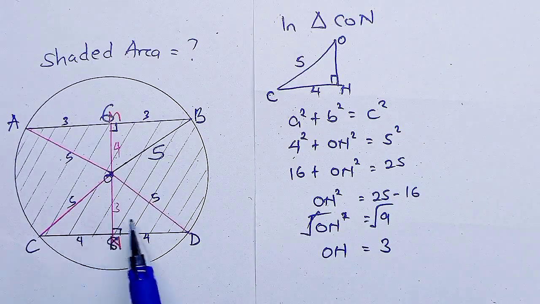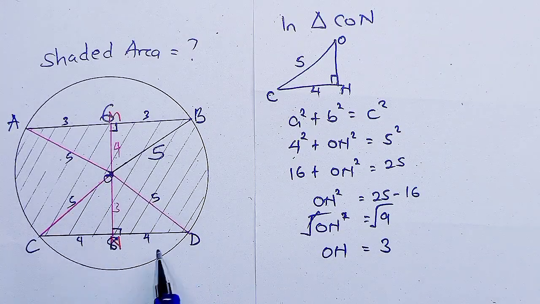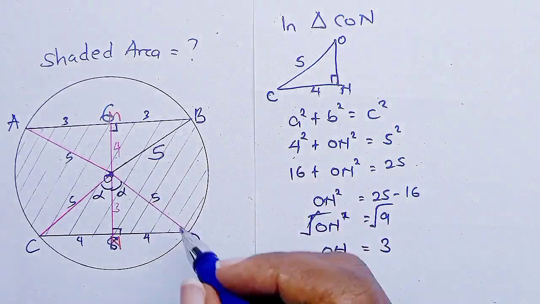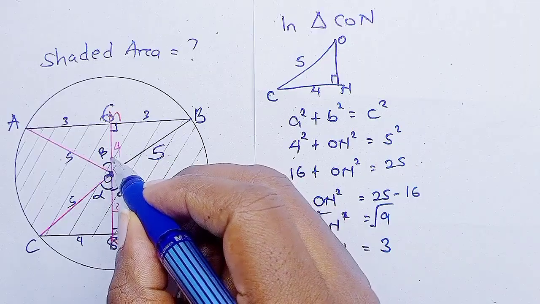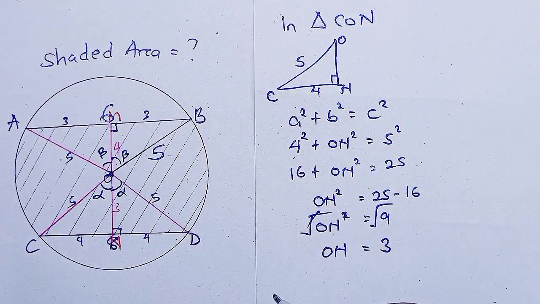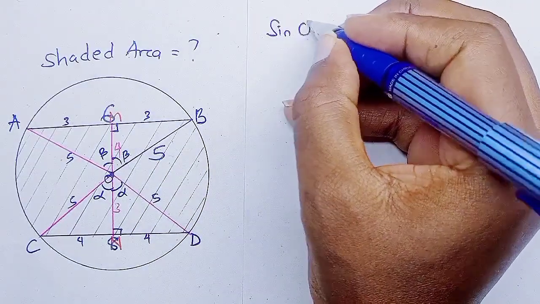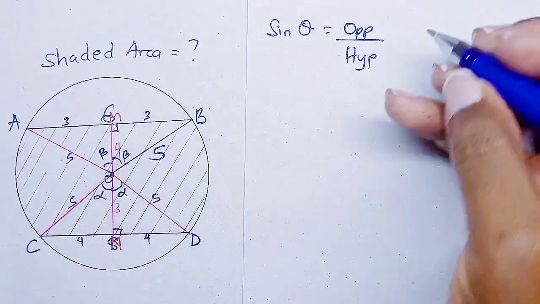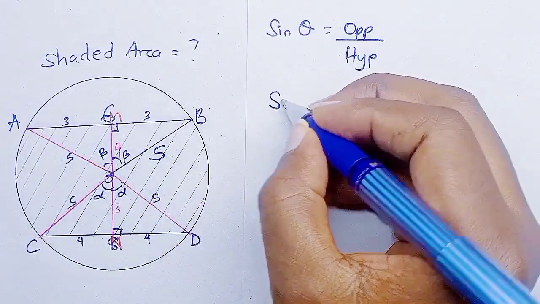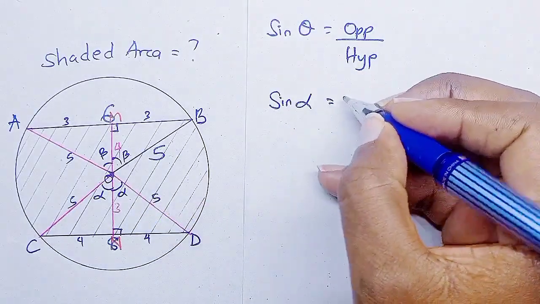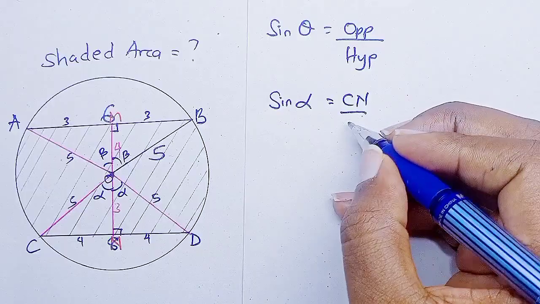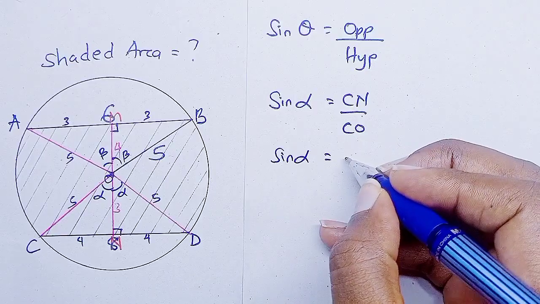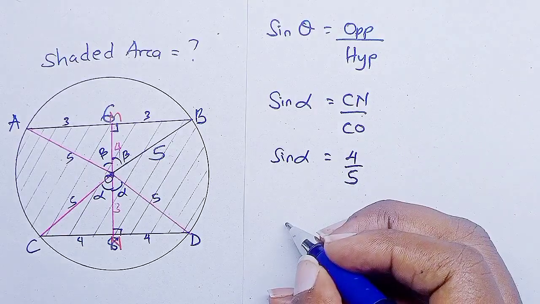Now, since this is an isosceles triangle, if this is 4 and this is 4, if this angle here is alpha, it implies that this angle will also be alpha. If this angle is beta, then also this angle will be beta. Now we know that sine theta is equal to opposite over hypotenuse. So sine alpha will be equal to opposite, which is CN, over hypotenuse, which is CO. So sine alpha will be equal to 4 over 5.